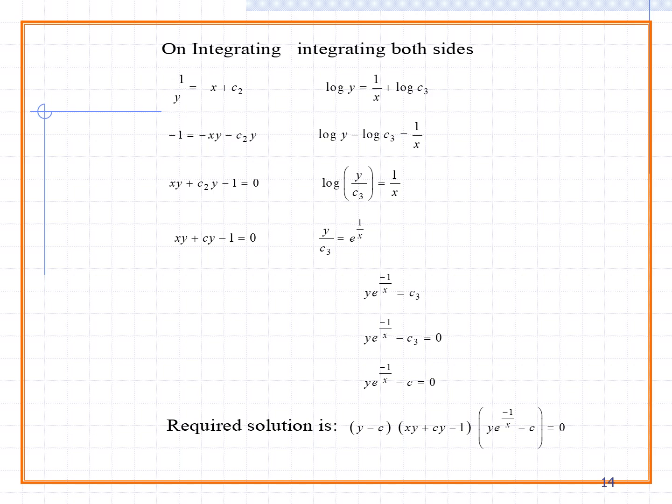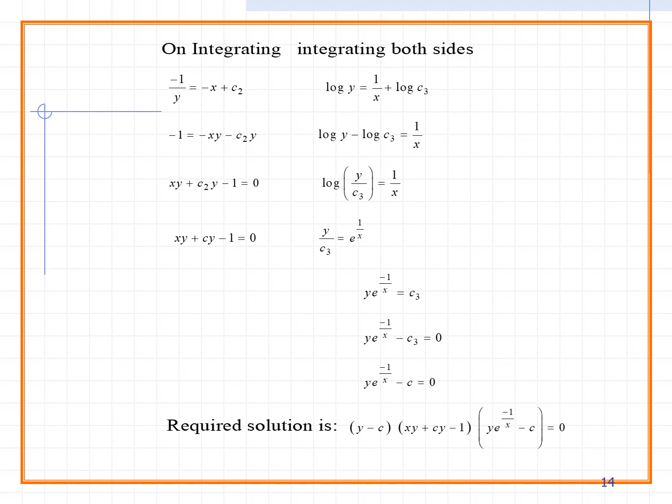On integrating both sides, you get minus 1 by y equal to minus x plus c2. So minus 1 equal to minus x into y minus c2 into y. So xy plus c2y minus 1 equal to 0. It can be written as xy plus cy minus 1 equal to 0.